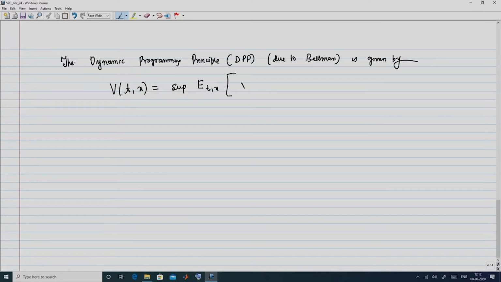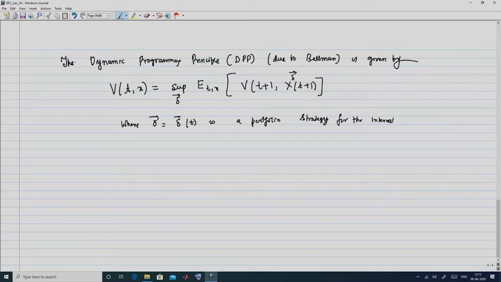So, it is based on the assumption that you have determined what is the value function at time t+1 when the wealth level at time t+1 is denoted by X(t+1), and then this is over all the possible portfolio strategies of delta, and you take the supremum over delta, where this delta vector, delta of t, is a portfolio strategy for the interval closed t and open t+1.